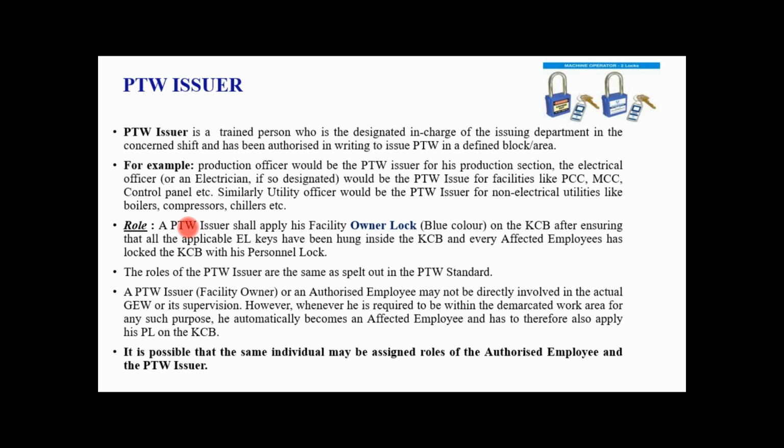If it is blue, it means it is applied by the permit to work issuer. On the KCB, after ensuring that all the applicable EL keys have been hung inside the KCB and covered, affected employees lock the KCBs with the personal lock. We have already discussed what exactly the EL and KCB are.